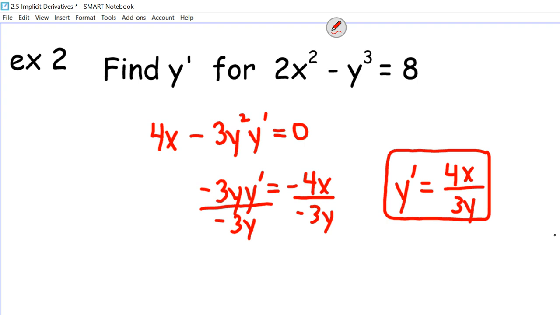Now with these ones, again, you don't always have to plug y back in like we did in the previous one, because up above, solving for y is not the easiest thing, whereas the previous one we could easily solve for y, get the 1 over x, and plug it back in. This one, it is totally fine if you keep your answer as 4x over 3y.